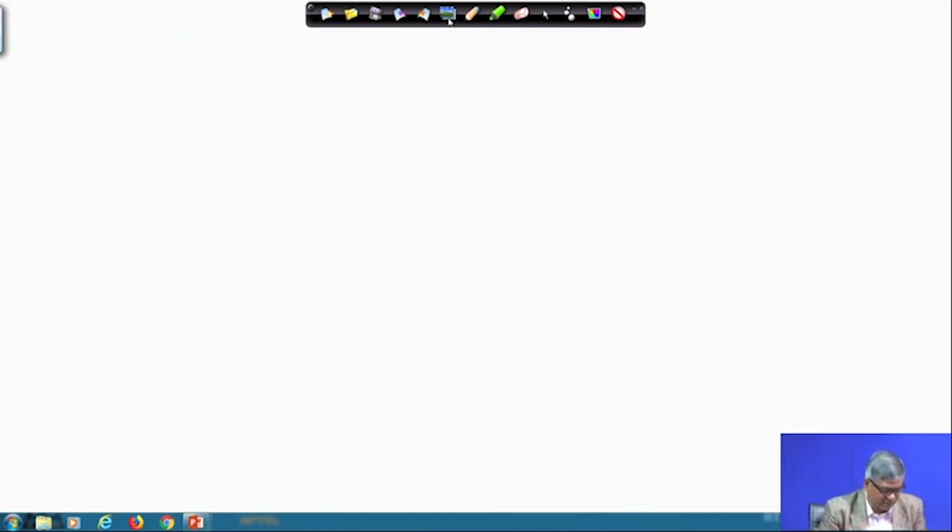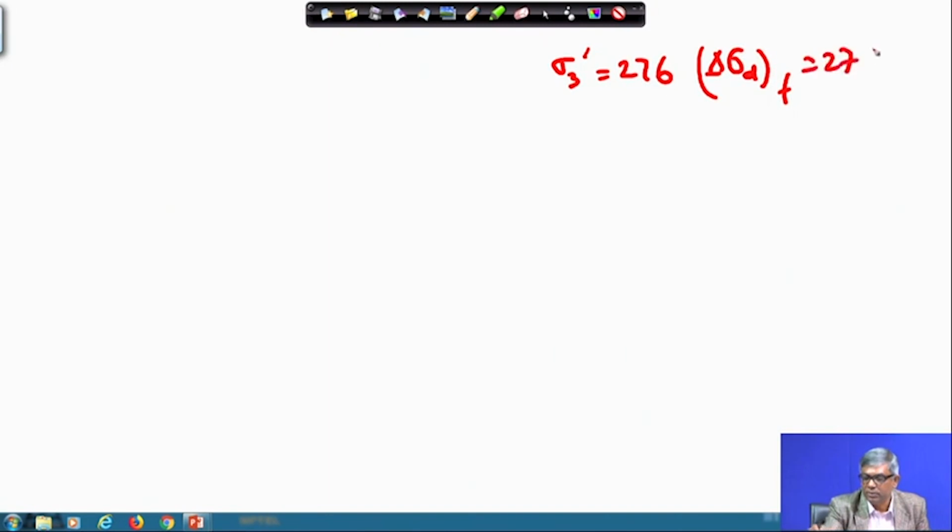As given in the problem, sigma 3 dash, the confining pressure, is 276, and delta sigma d f is also given as 276. So sigma 1 dash will be sigma 3 dash plus delta sigma d, that means 276 plus 276, it will be 552. Now we know sigma 1 dash and sigma 3 dash.